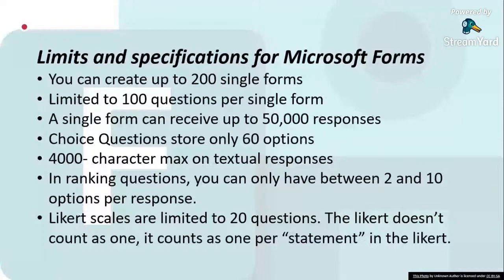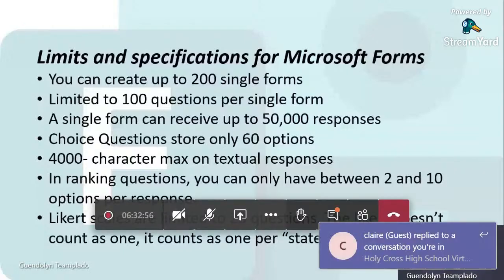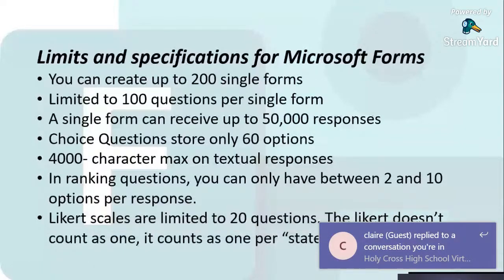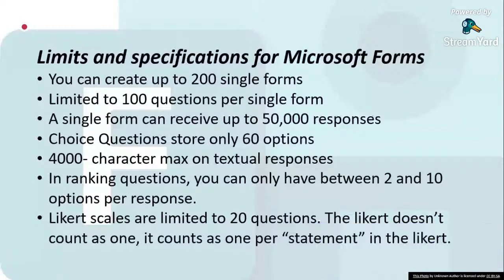A choice question stores only 60 options, and there is a 4,000 character maximum on textual responses. In a ranking question, you can only have between 2 and 10 options per response, and the Likert scales are limited to 20 questions. That means the Likert doesn't count as one, it counts as one per statement in the Likert. Okay, so those are the limits and specifications for Microsoft Forms.